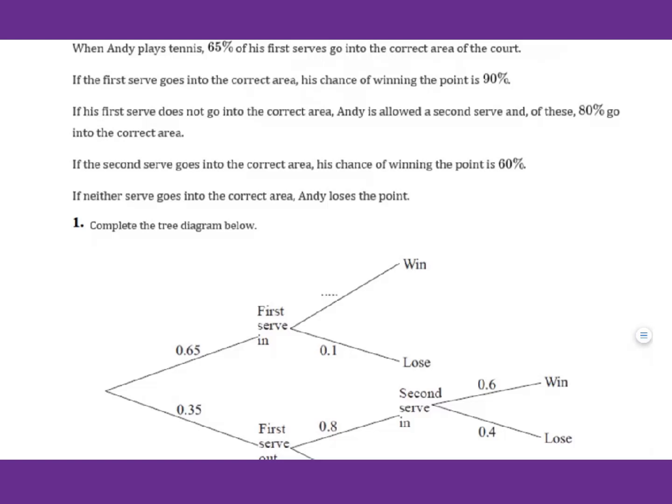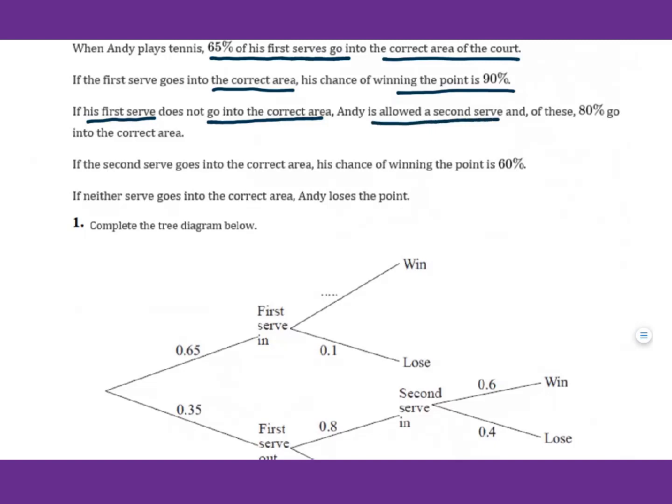When Andy plays tennis, 65% of his first serves go into the correct area of the court. If the first serve goes into the correct area, his chance of winning the point is 90%. If his first serve doesn't go to the correct area, Andy is allowed another chance, of which 80% go into the correct area.